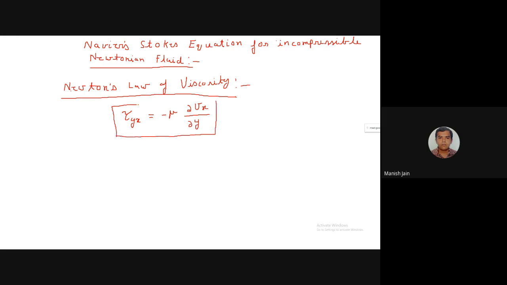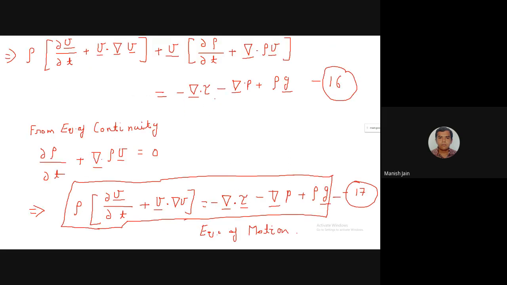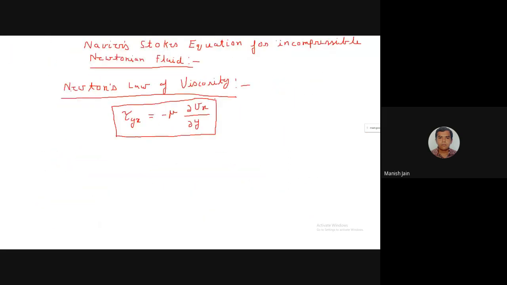This is the Newton's law of viscosity for the one-dimensional system. But this equation of motion is generalized for the 3D system. It is derived for the three-dimensional system. Okay, so you have to use the three-dimensional form of Newton's law of viscosity.